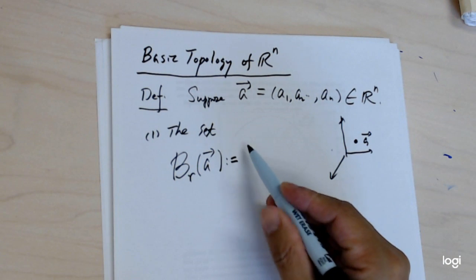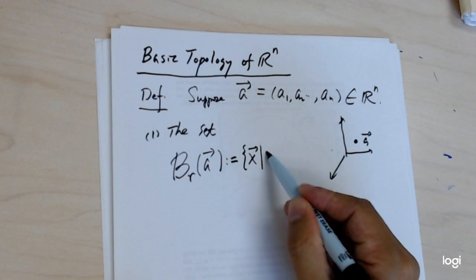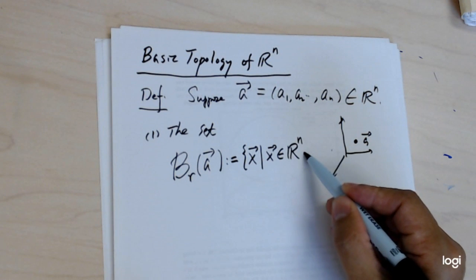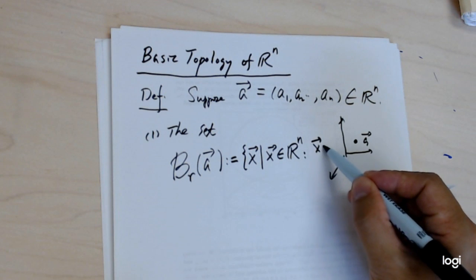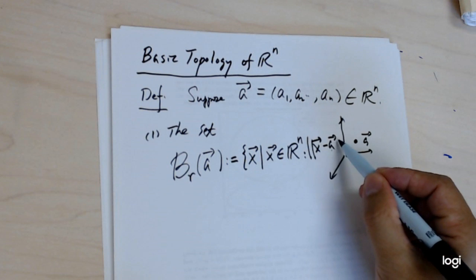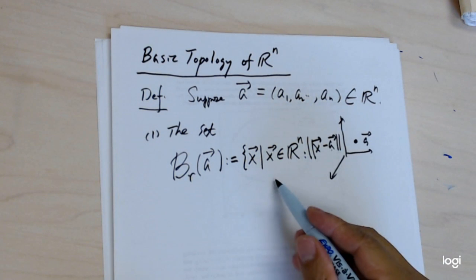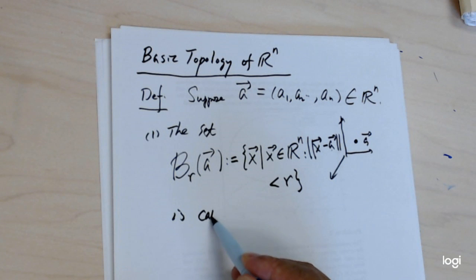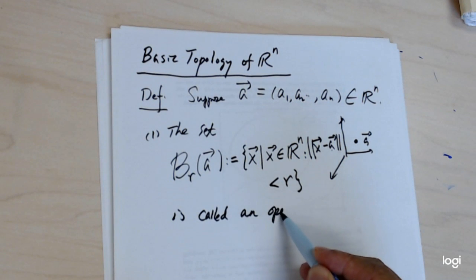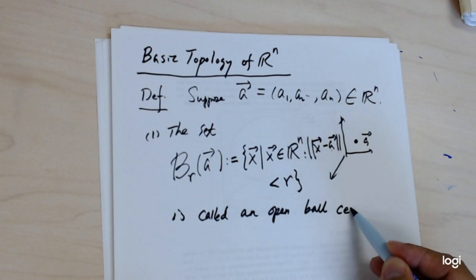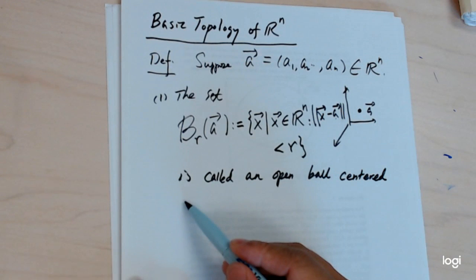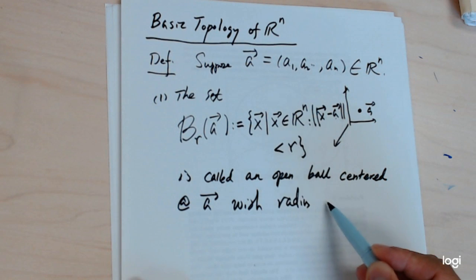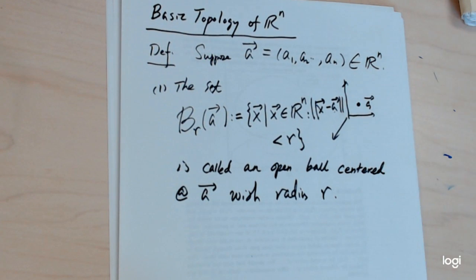This is defined to be all the x in Rn such that the distance between x and A, taking the norm here, that's the way we measure the size of it, is less than R. And this is called an open ball centered at this point A with radius R.